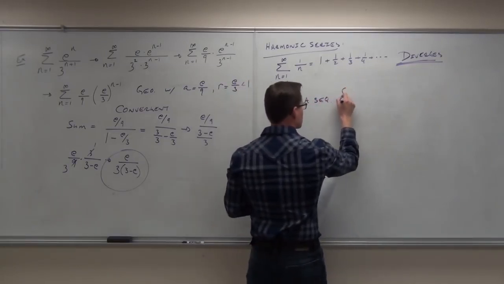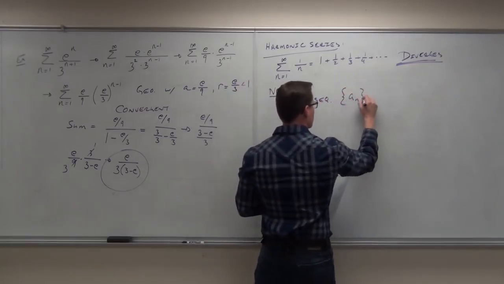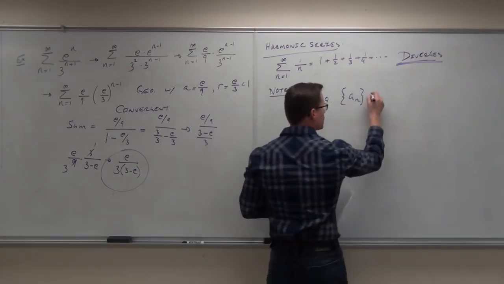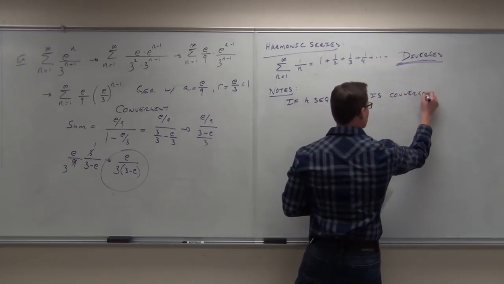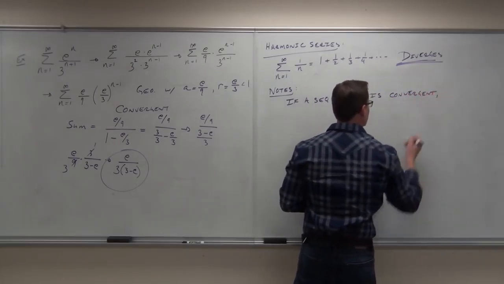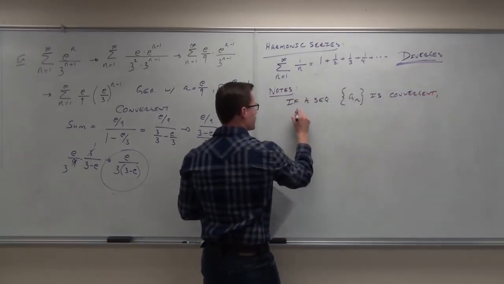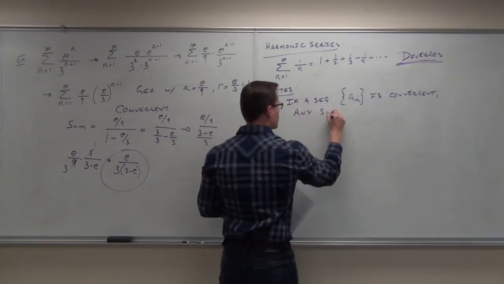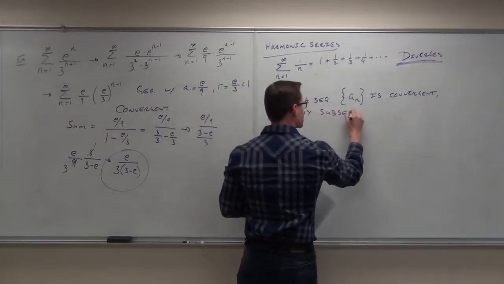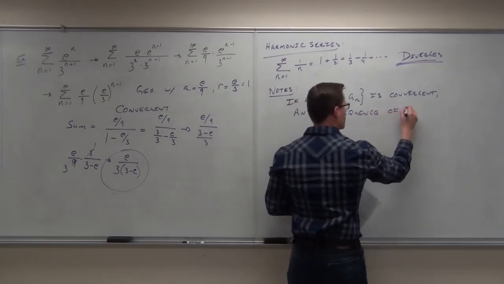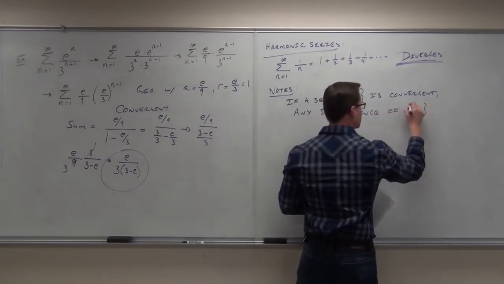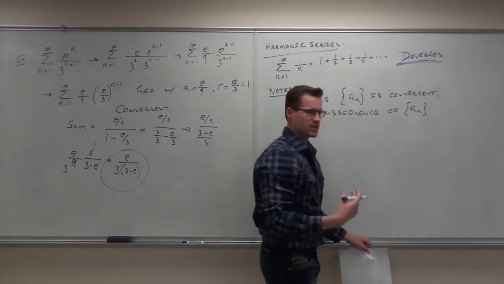If a sequence A sub n is convergent, any subsequence of A sub n must also be convergent.